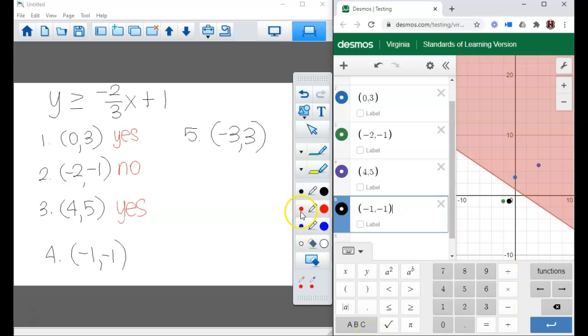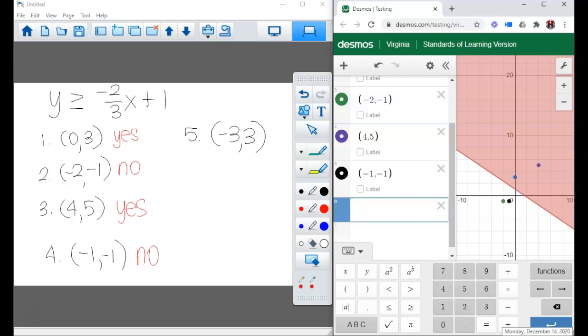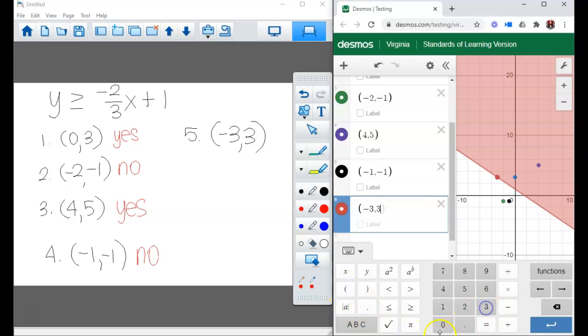He is not in that red shaded area, so he is a no. And then one last one to go. Parentheses, negative 3, comma, 3. We're looking for the red dot. Notice there he is right on the line. This time, since the line that I am on is solid, this would be a yes. So when you land on the line, if the line is solid, you are a yes. If the line is dotted, you are a no.